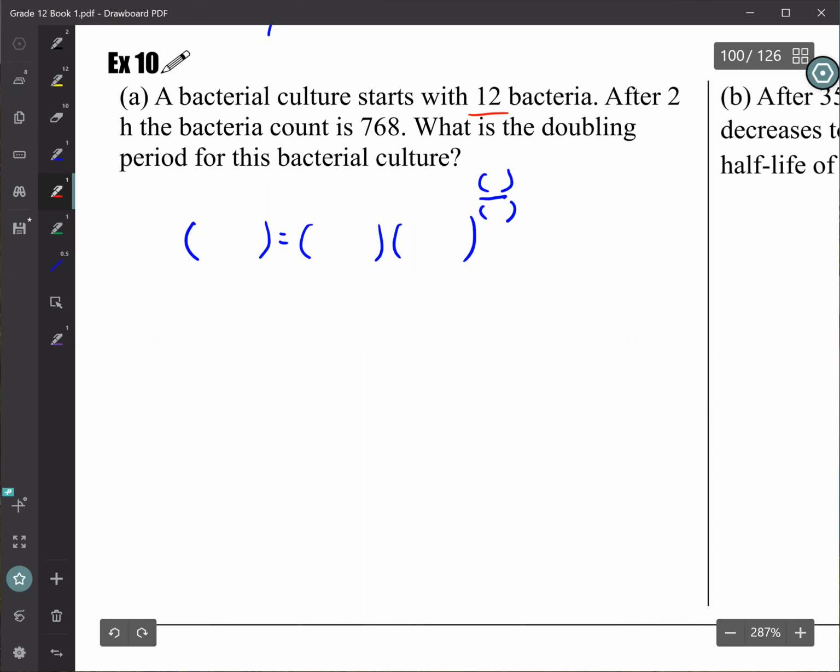We have the 12, we have the 2, we have the 768. So 5 blanks should be only one missing.